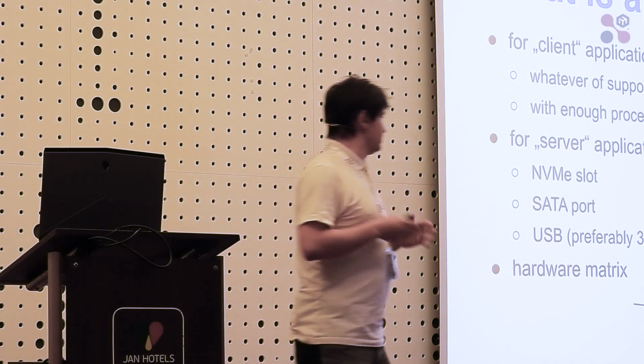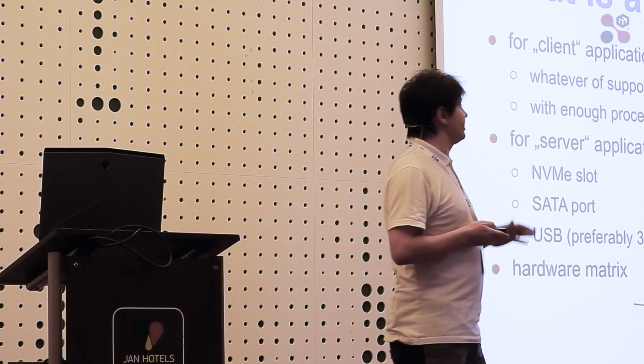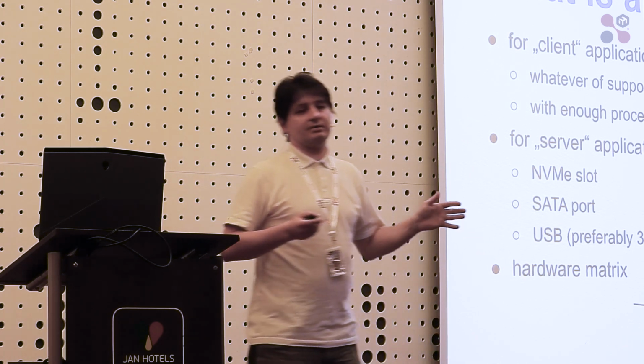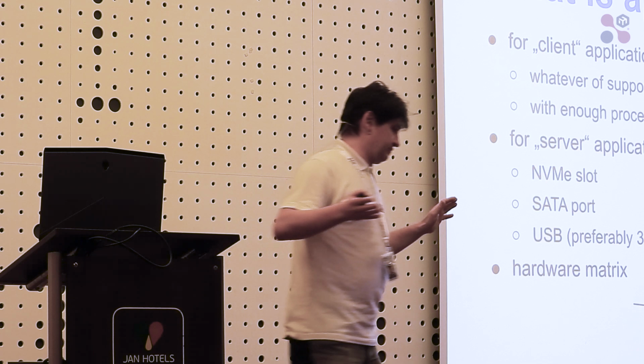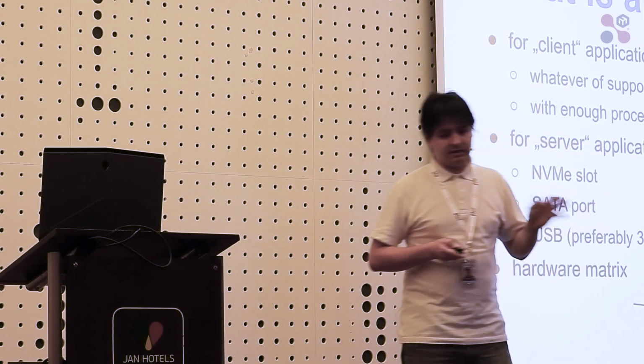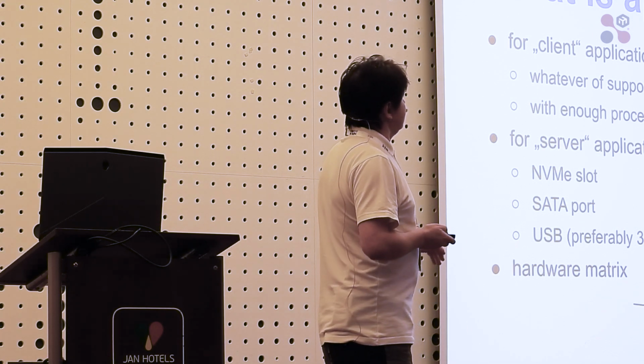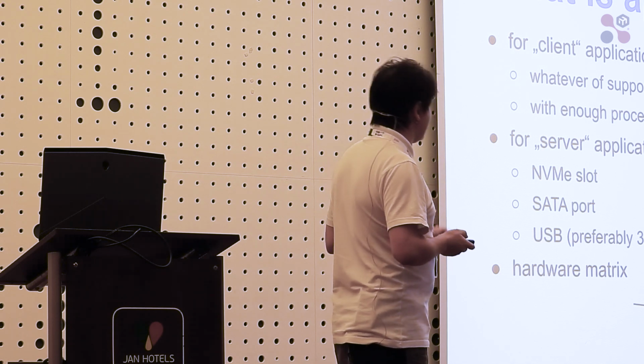All of that is supported in both ways, as far as I know. But if you use some encryption or large data transfers, you may need some more processing power. That's all.